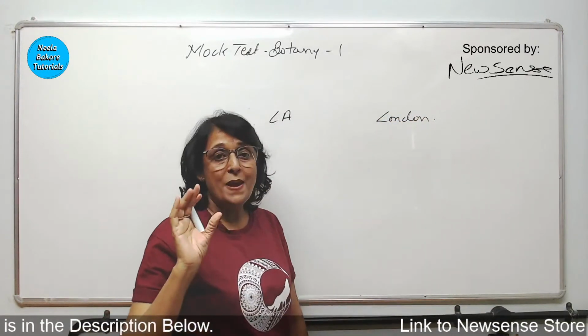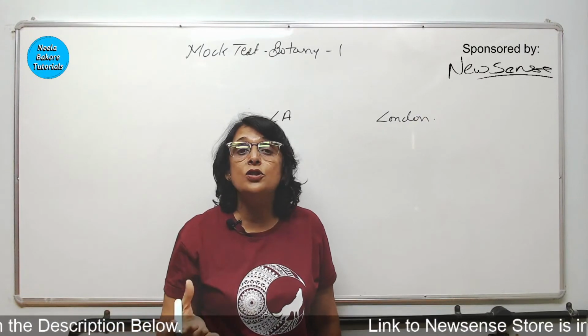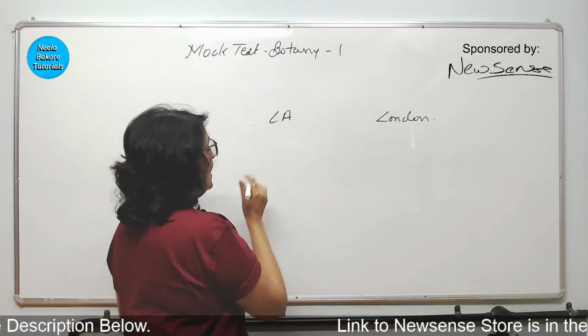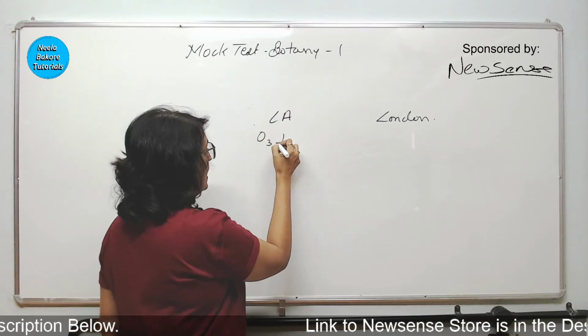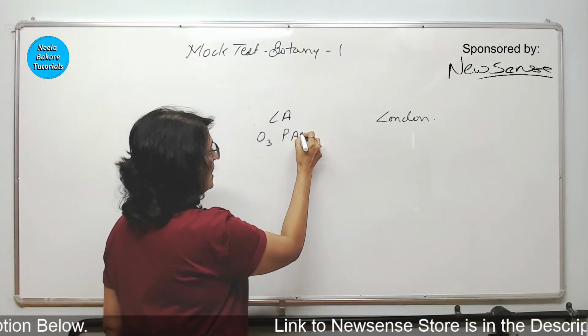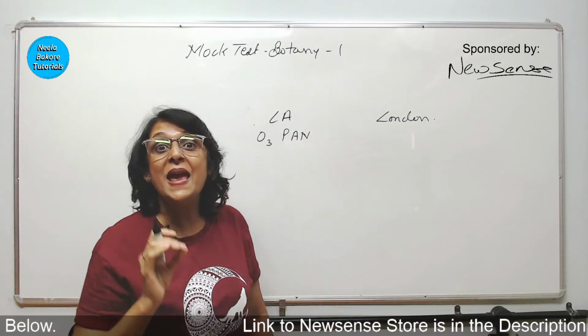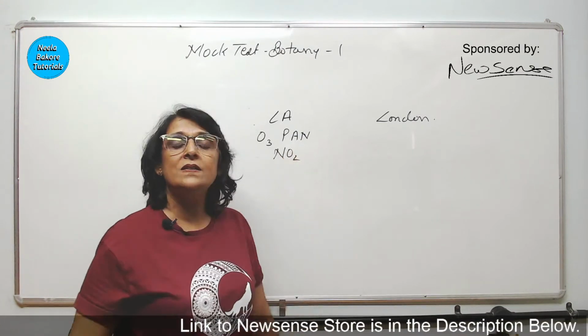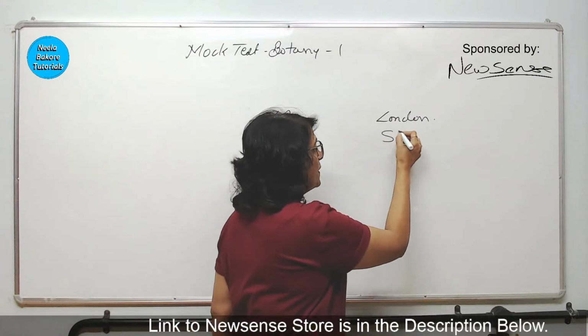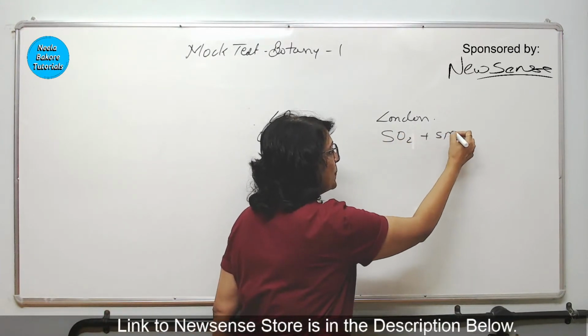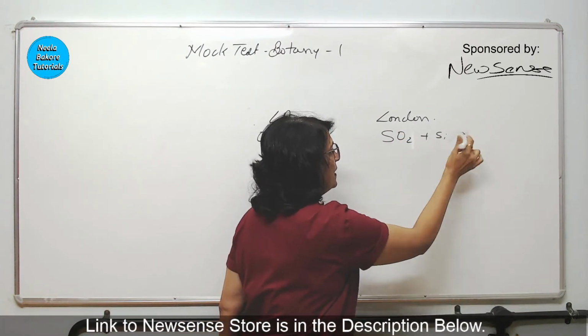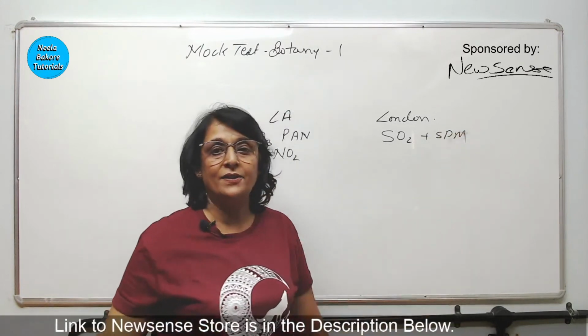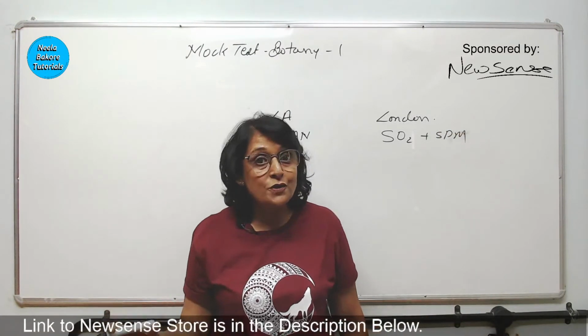The difference is mainly in the constituents. LA smog has ozone, peroxyacyl nitrate and nitrogen oxides, whereas London smog has sulfur oxides and suspended particulate matter. This is how you differentiate.